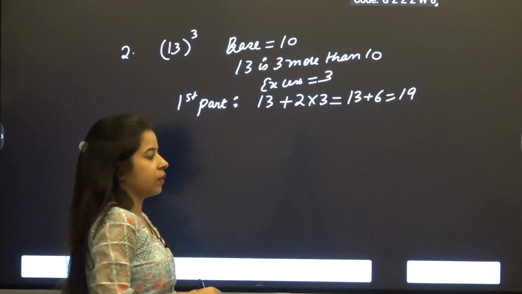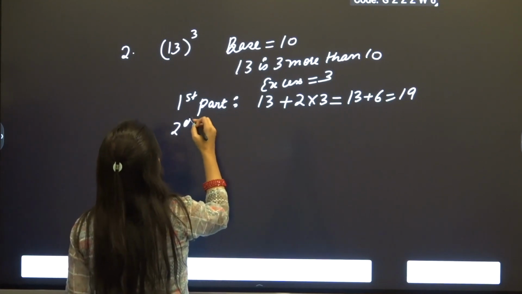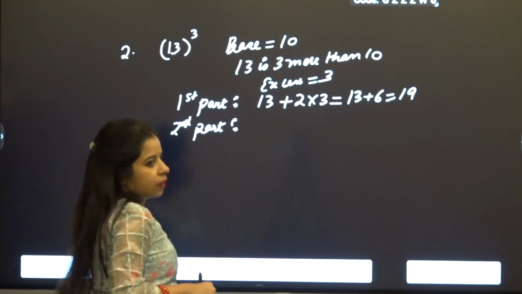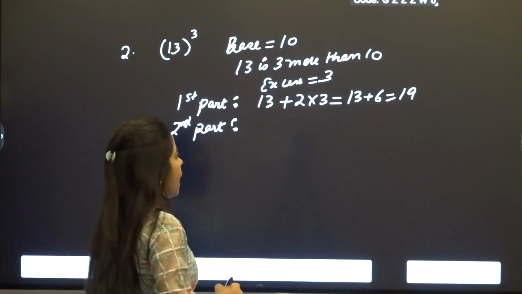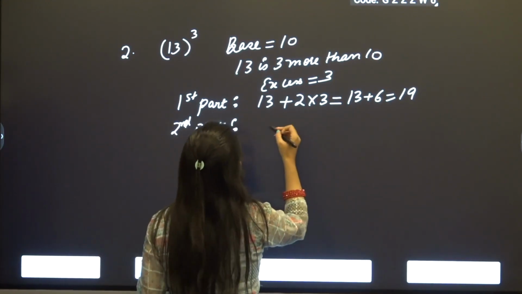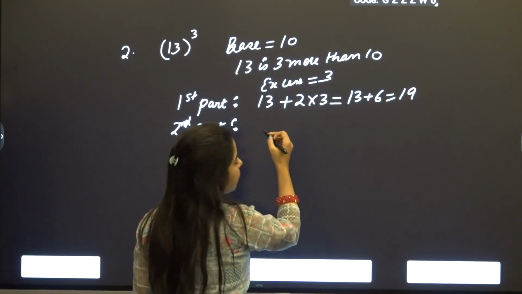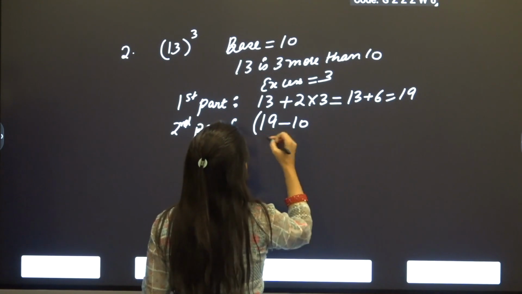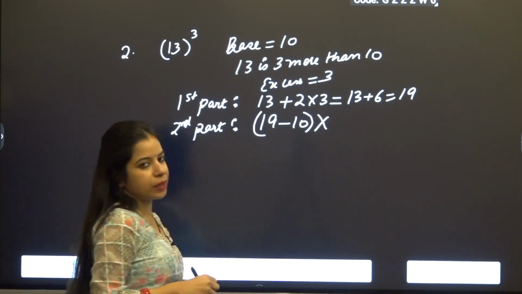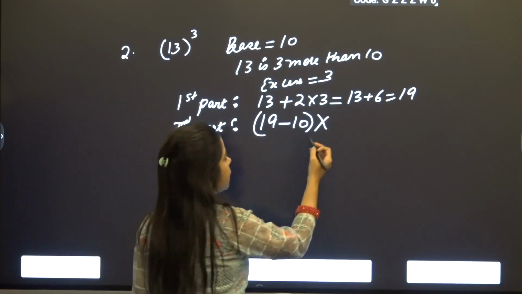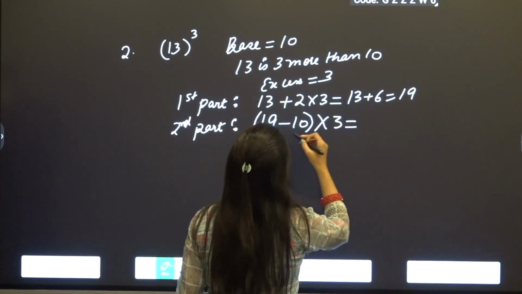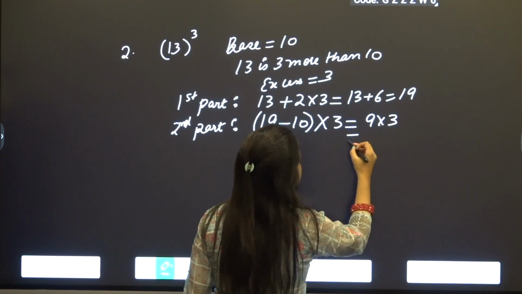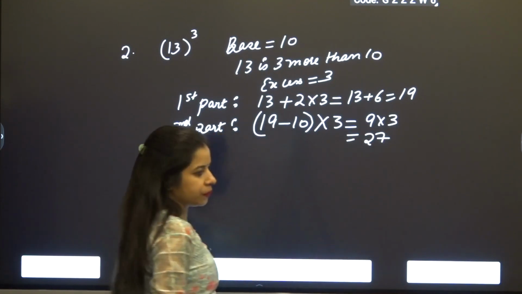19. For the second part, I am going to subtract 10 from the number obtained in the first part, and then I am going to multiply the excess to it, which is 3. So this will become 9 into 3, which is 27.